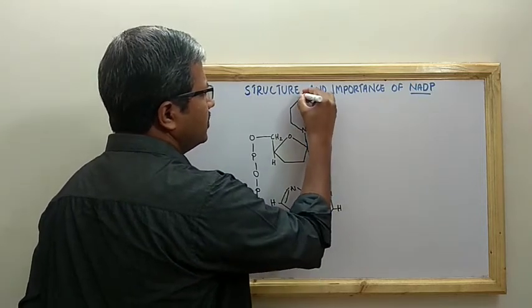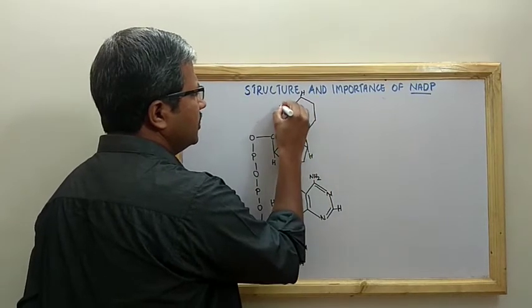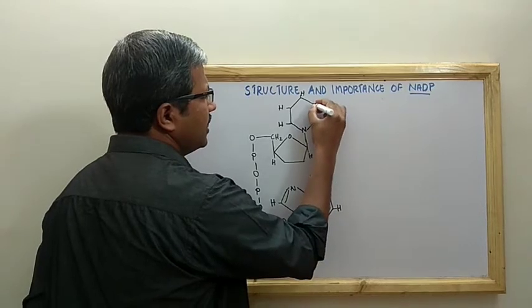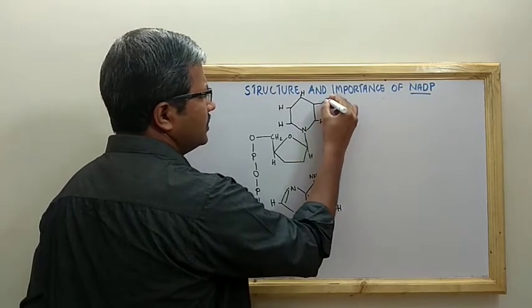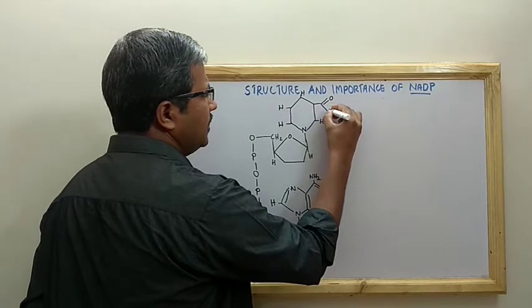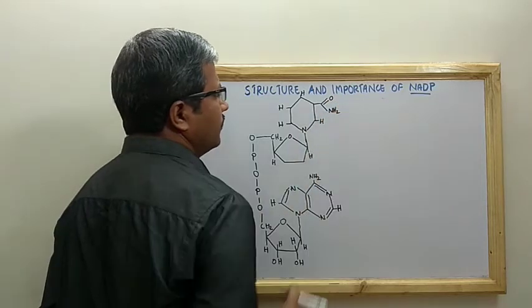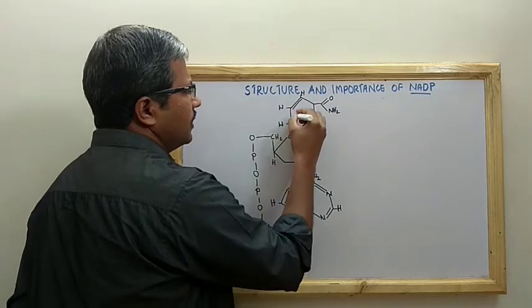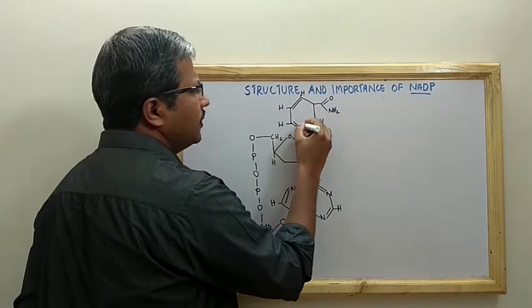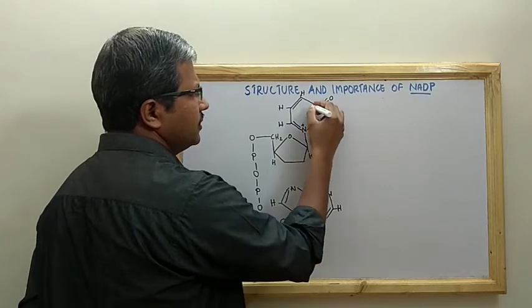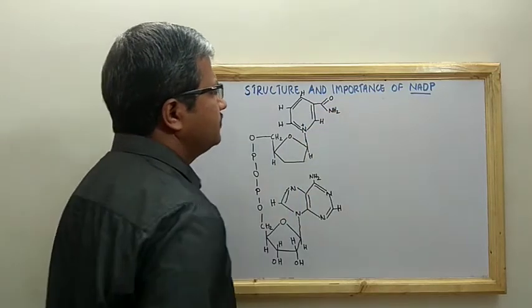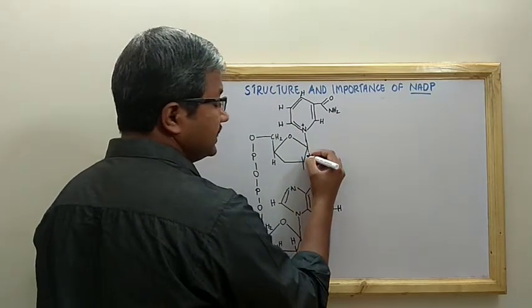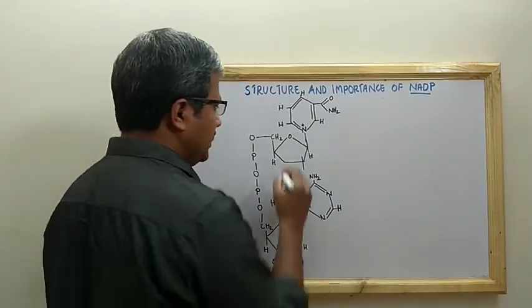Hydrogen is present here, hydrogen here, hydrogen here, again hydrogen here, and one C which is having double bonded O and NH2. So let us see the valency. Then there will be a positive charge, this one. So this actually forms the niacinamide adenine dinucleotide.